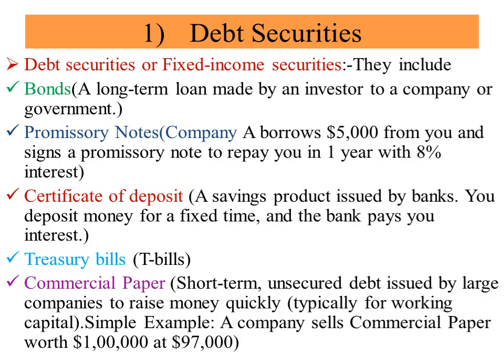This is the discount. So you get $3,000 at the end of the maturity date. This is called commercial paper.